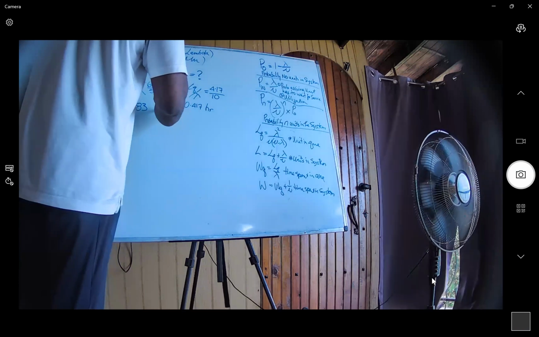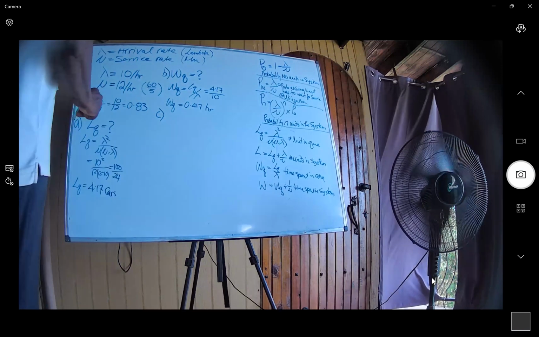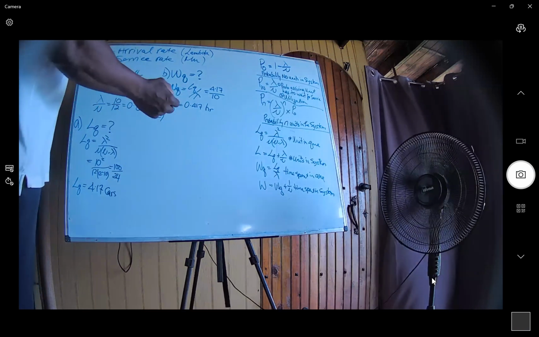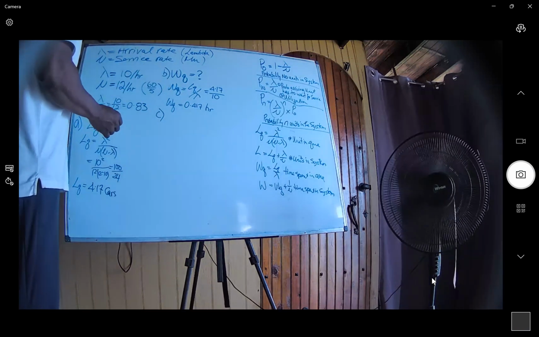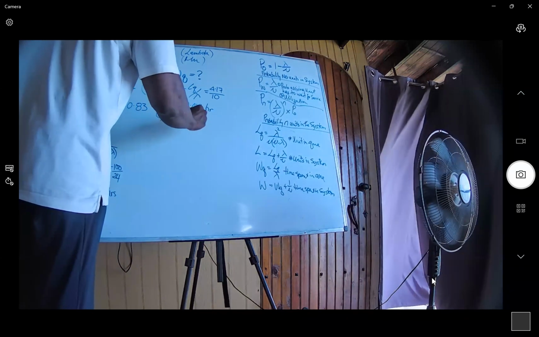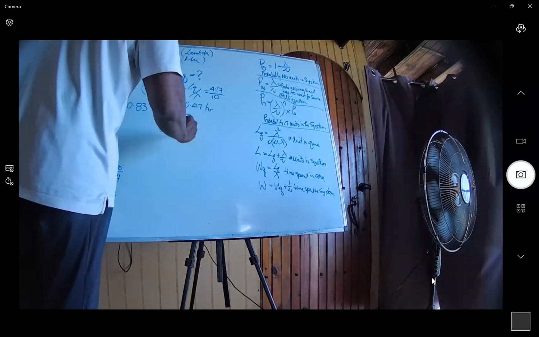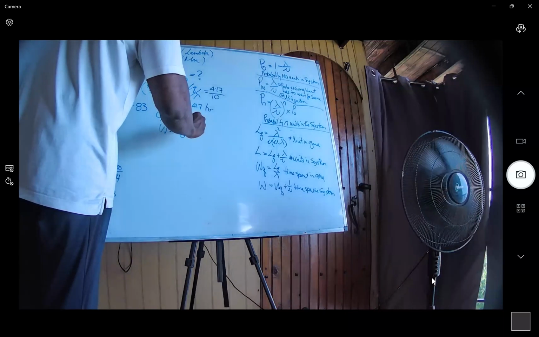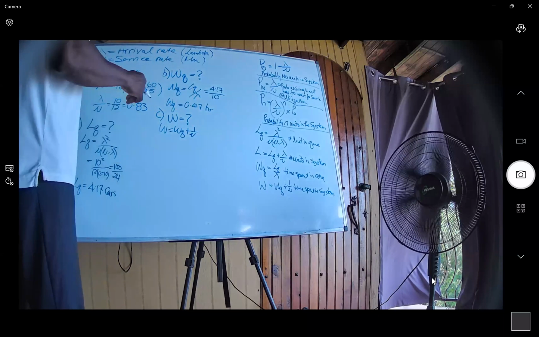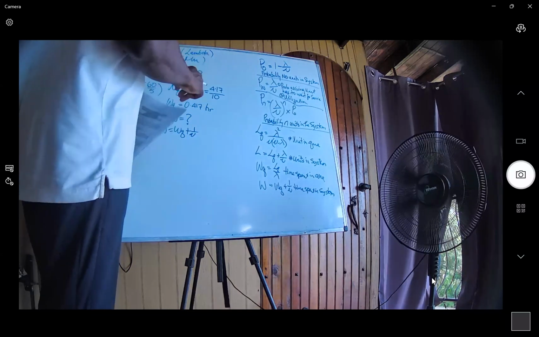What is C asking me? C is asking average time a car spends in the system. So what am I looking for here? W. And W is equal to WQ plus 1 over mu. So you need to write formulas because you get marks for identifying which formula you need to use, okay?